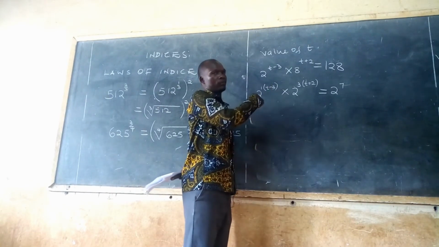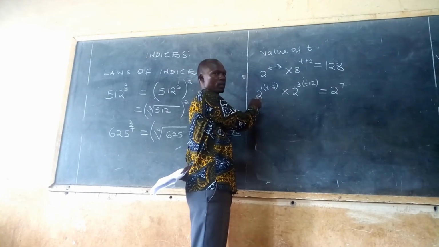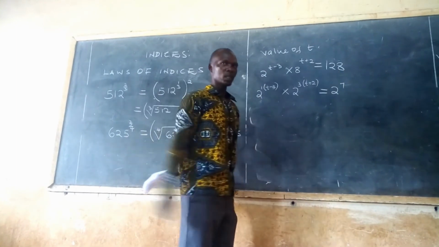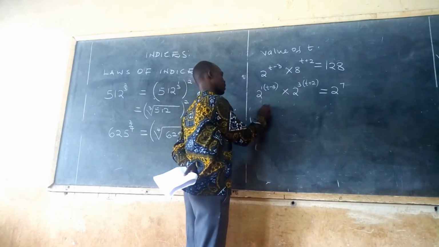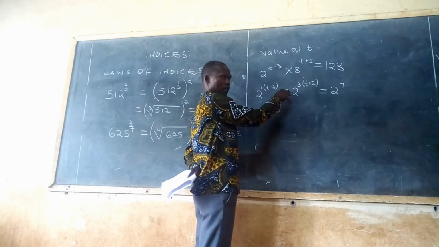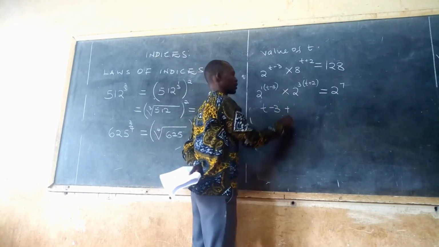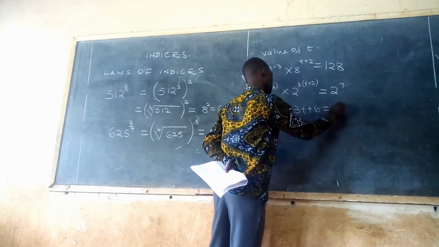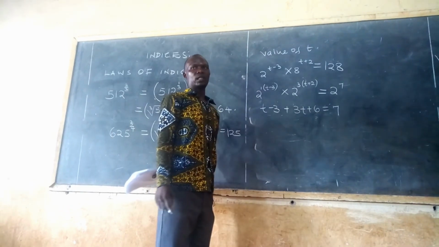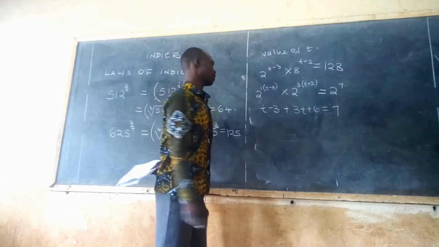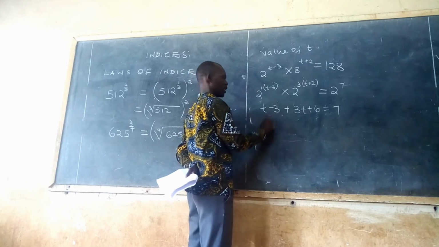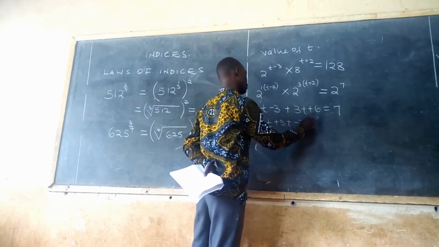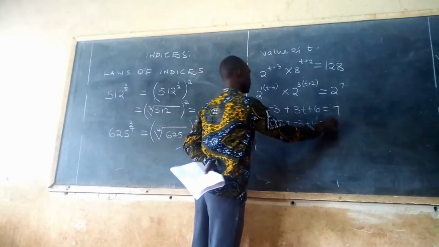So drop, do not cancel. Drop the bases. Deal with the indices alone because you've already made the bases the same. What does that mean? Now we have t minus 3. Instead of multiplication, it will be plus 3t plus 6 to give us 7. We are only dealing with indices here. Then now we put the like terms together, t plus 3t minus 3 plus 6 equals 7.